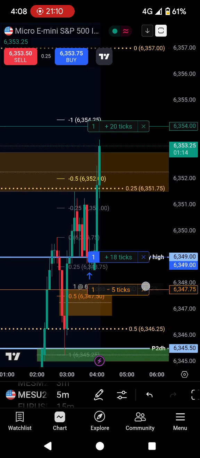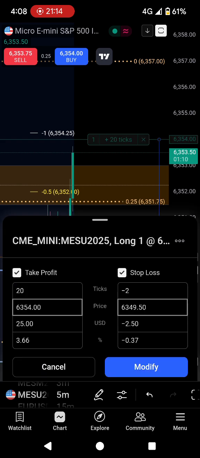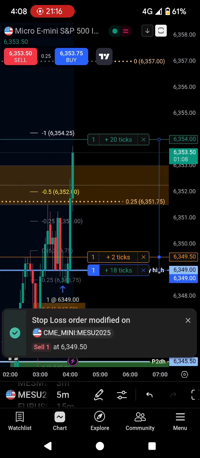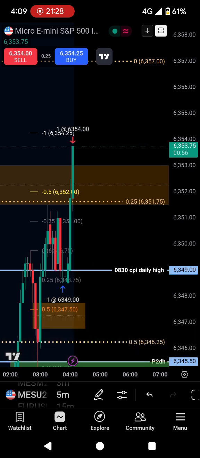At this point of time, my stop loss will just pull up here, pull off the risk free right now, because I don't want to see any retracements back now, okay? Just one more tick. Okay, and there we go. So that's it for today's scalp.